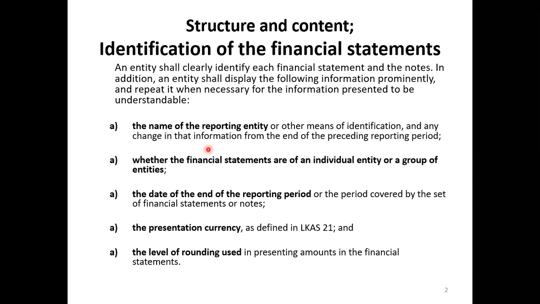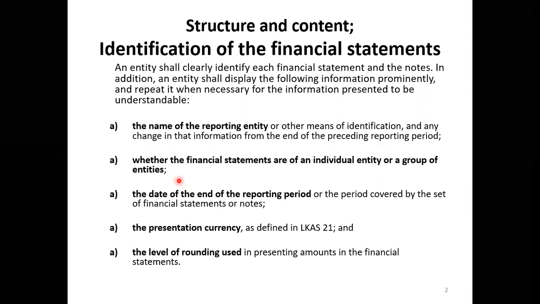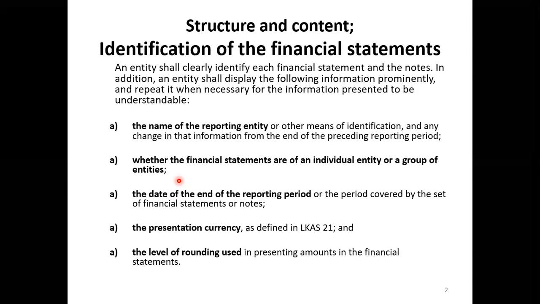First, the name of the reporting entity. Second, whether the financial statements are of an individual entity or a group of entities. When you look at the financial statements in the annual report, you can find 2 columns. The first column is for the separate entity, and the second column is for the group, holding company and subsidiary company. If it is a single entity, you can find only the individual entity's statements.